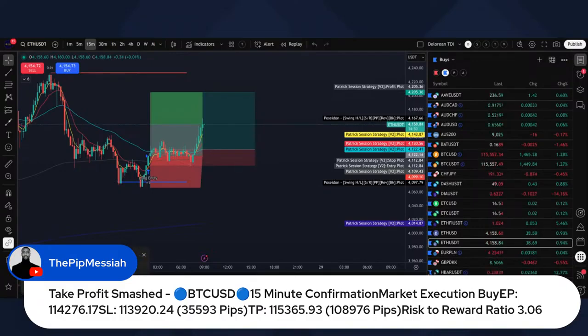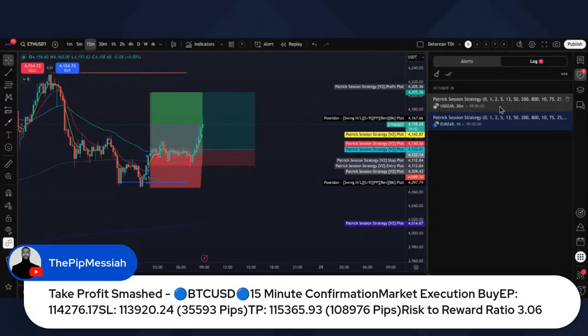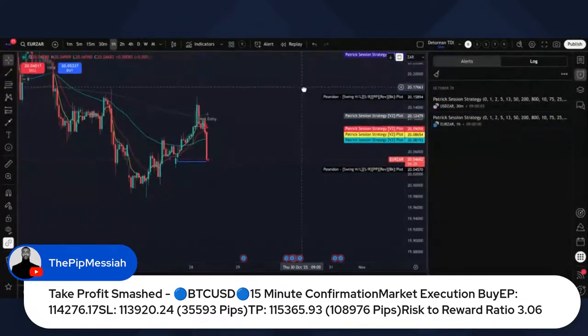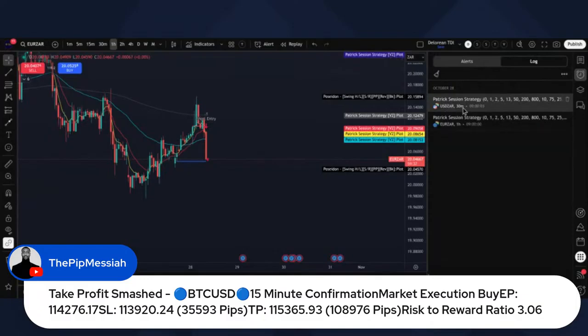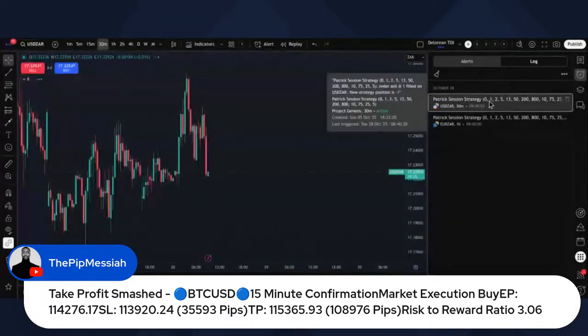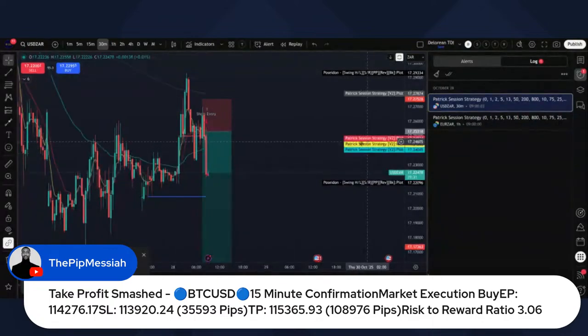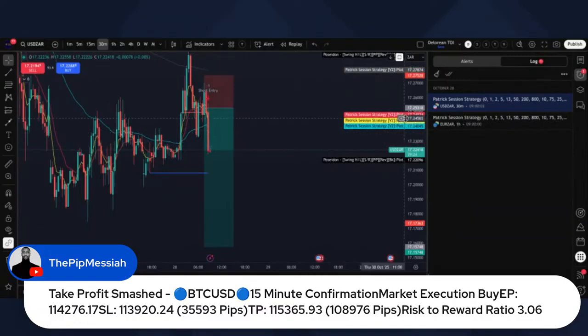It's another ding. Let's see what we got here. That is the euro to the South African rand. One hour. We also have the United States dollar to the... We're in that trade already.